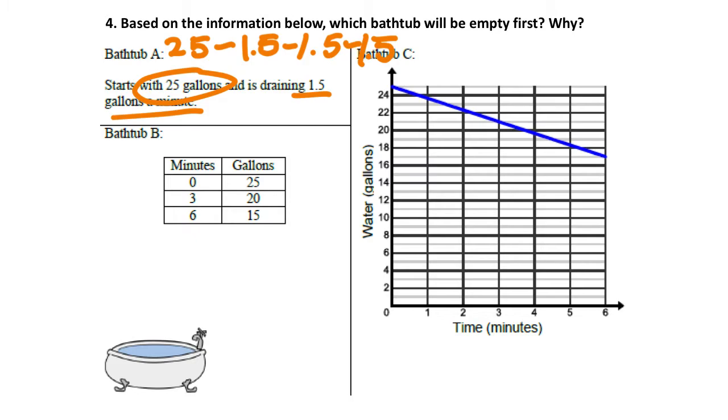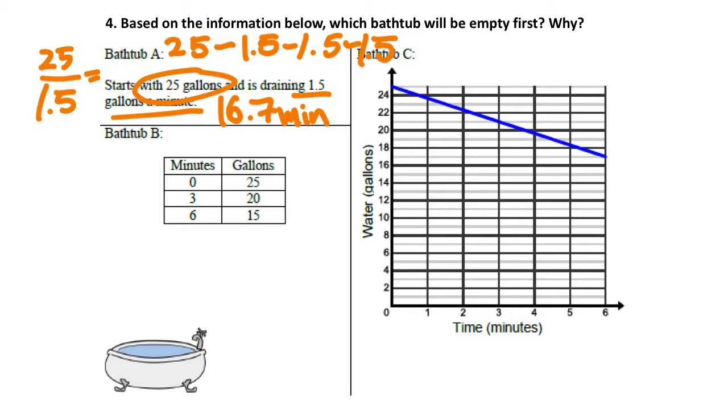So I'm just going to take 25, and this is just repeated subtraction, which is kind of what division is, and divide it by 1.5. This will tell me how long it's going to take bathtub A to drain. 25 divided by 1.5, I get 16.6, but this time we're looking at minutes. In fact, I'll just round that to the tenth. So this one will take 16.7 minutes.